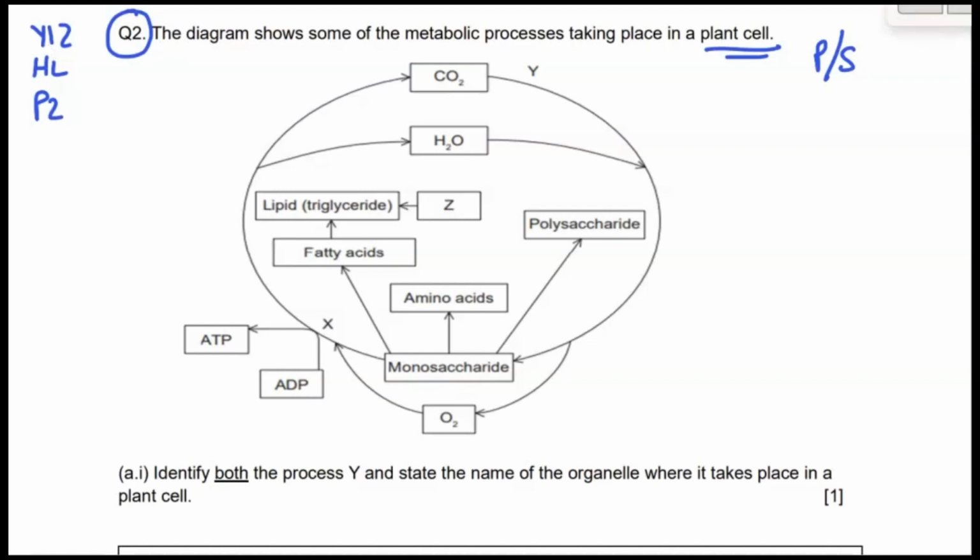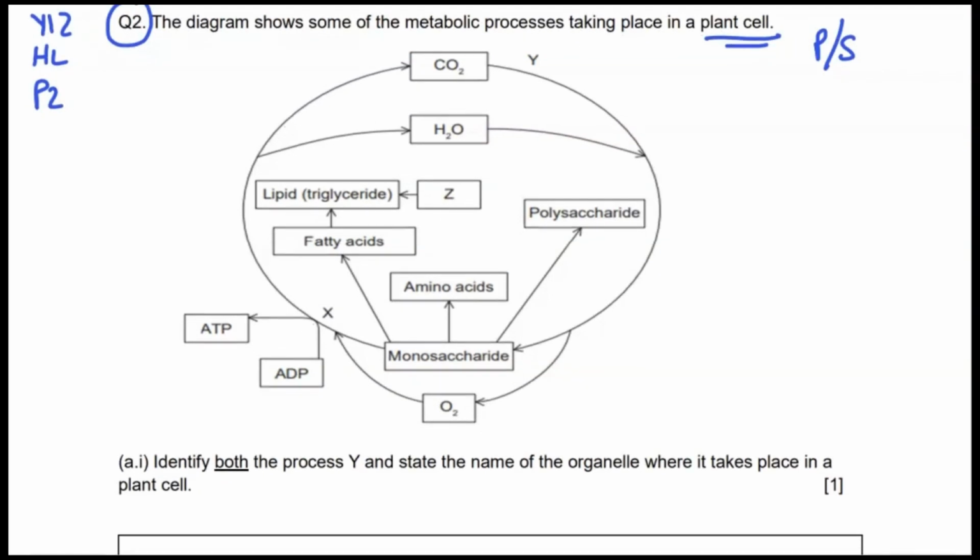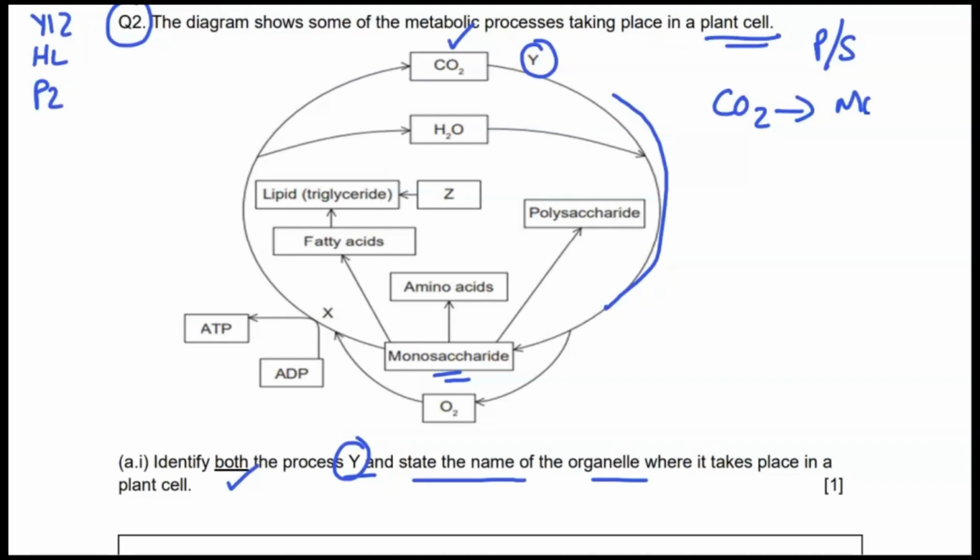So let's take a look at the stem of the question. It says identify both the process and state the name of the organelle where it takes place. So process Y, which you can see here. In process Y, we begin with carbon dioxide, and if we track this arrow round, we see it ends here in the monosaccharides.